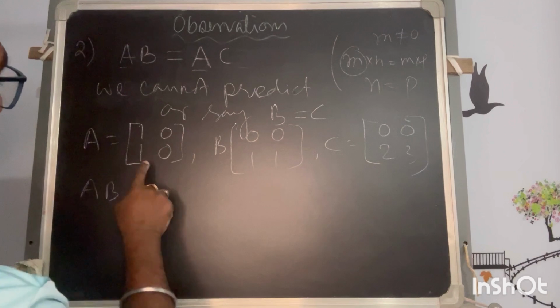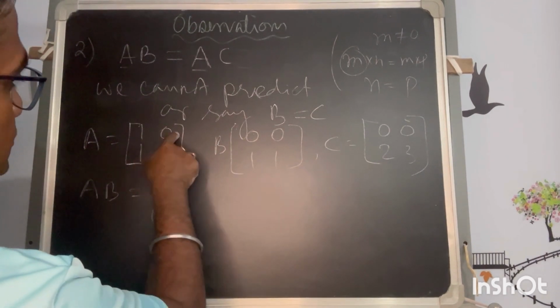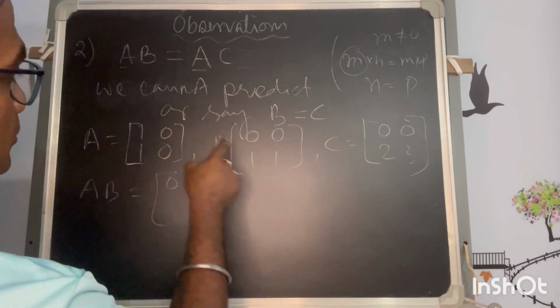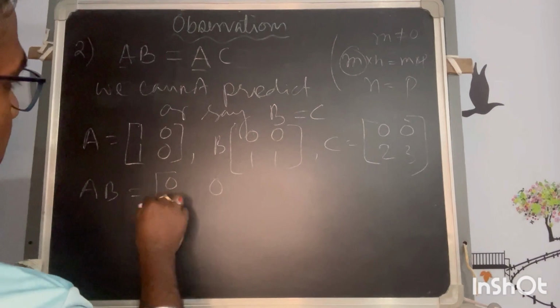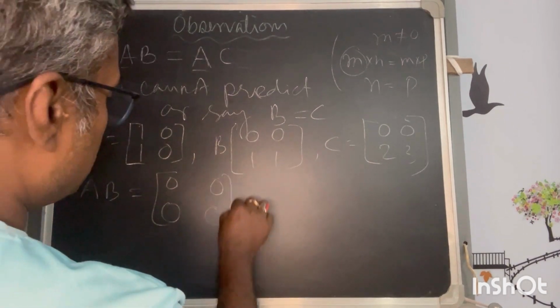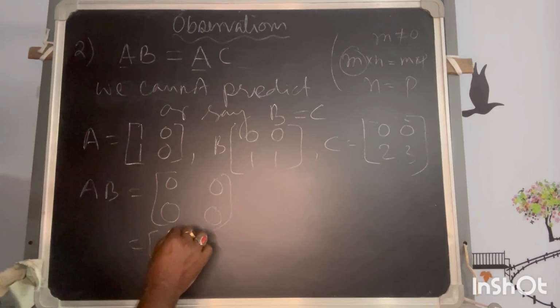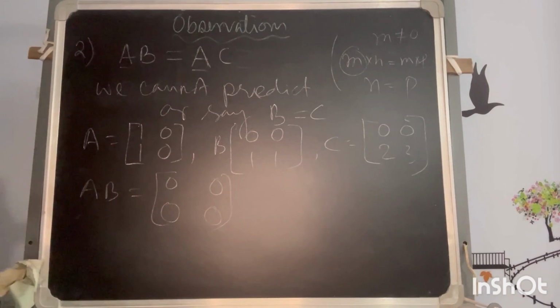If I multiply, 1 into 0 plus 0 into 1 gives 0, 1 into 0 plus 0 into 0 gives 0, and similarly every element is 0. So I am getting AB equal to the 0 matrix.